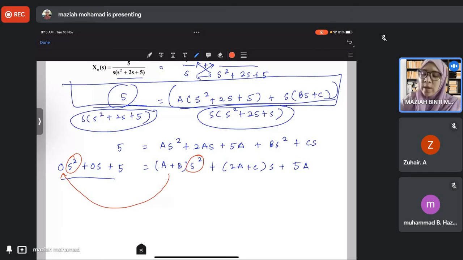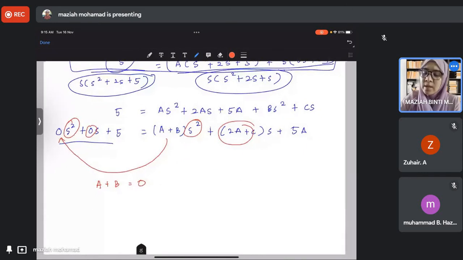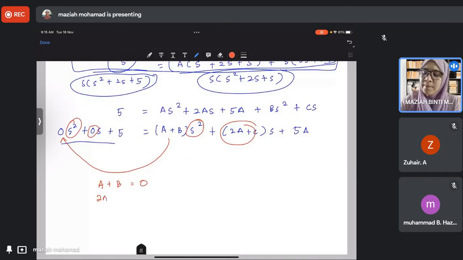So the multiplier in front of S squared is 0, so we have A plus B equal to 0. Second one is 2A plus C equal to 0.